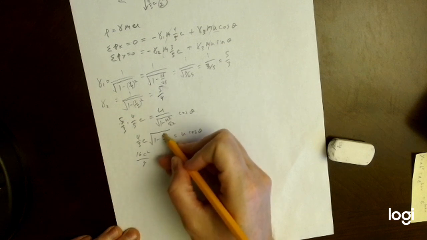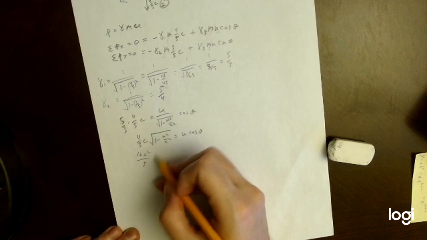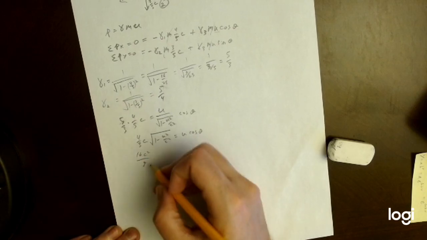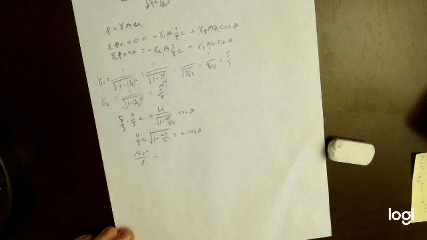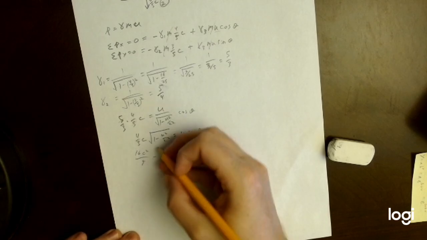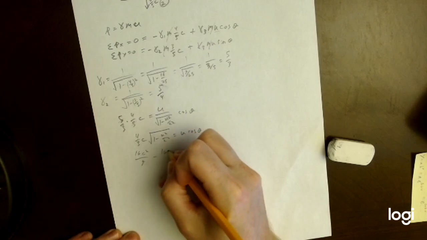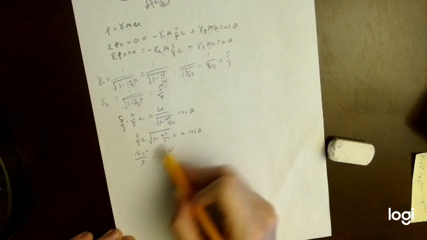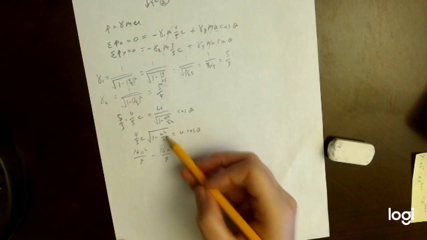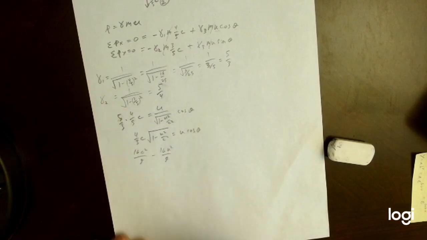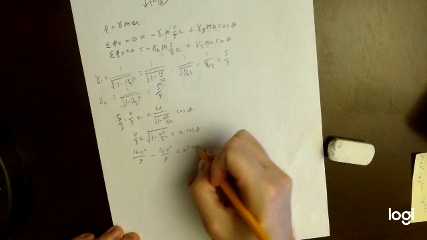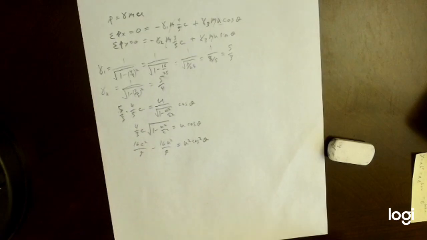So this would be 1 minus u squared over c squared without the square root then. I'm going to take this 16c squared over 9, distribute it through, so this is 16c squared over 9 minus 16u squared over 9, because the c squared here will cancel that c squared, and we'll pick up the u squared. And that is then u squared cosine squared theta.